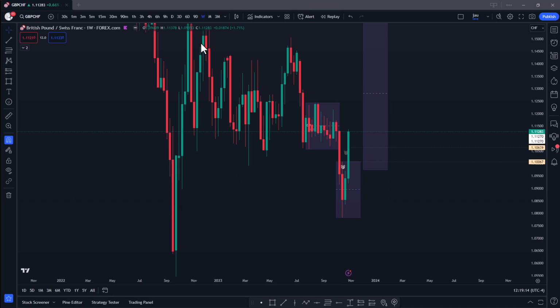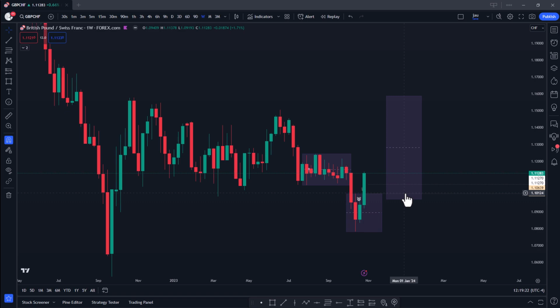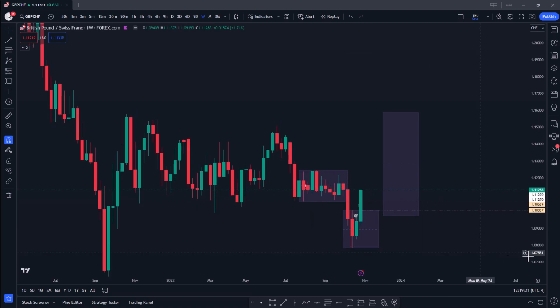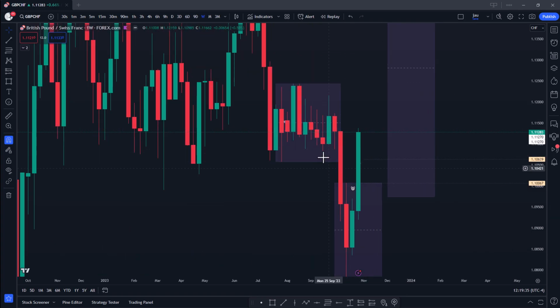Another one I find interesting is the Swiss franc with the pound. So GBPCHF. This was actually brought to my attention by a friend of mine, and he was bearish in these markets. He wanted to see if we could take price lower from this sell side imbalance, this fair value gap here.